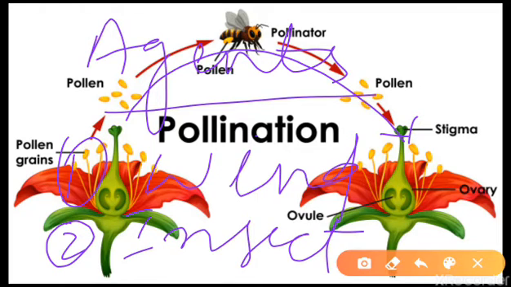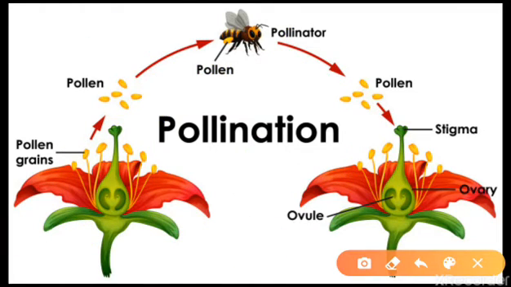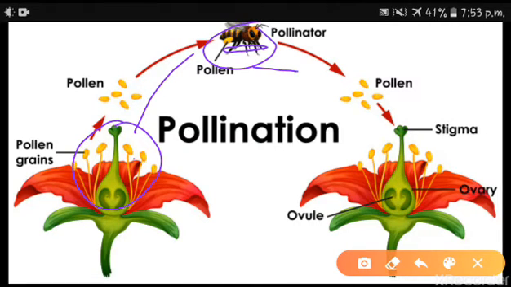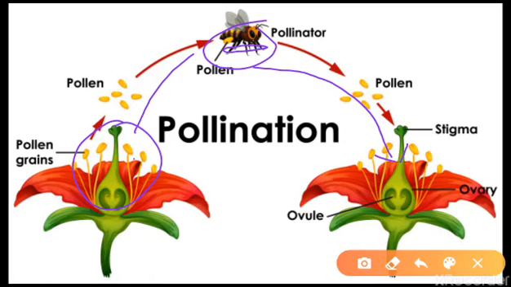You can see in the diagram that if a honeybee is sitting over here for the nectar, then the pollen grain will stick to its legs or body. Again, if the same insect sits over here, what will happen?